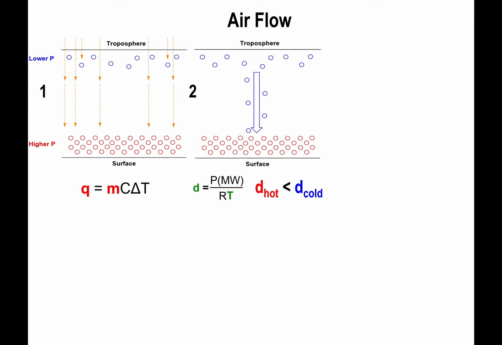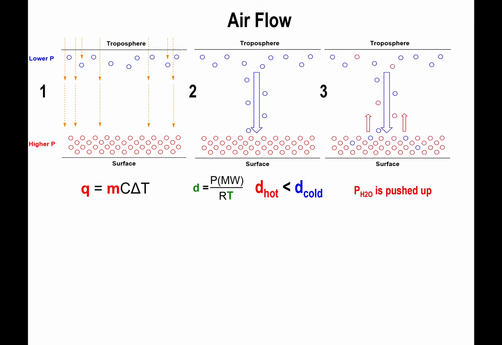And so they kind of start sinking in, and via buoyancy, they start pushing some of the hot air towards the troposphere. Okay? And because at some given temperature you will have some vapor pressure of water present, especially if you're near the ocean, you're going to have some amount of water going towards the upper atmosphere, maybe even the troposphere, due to this buoyancy effect.